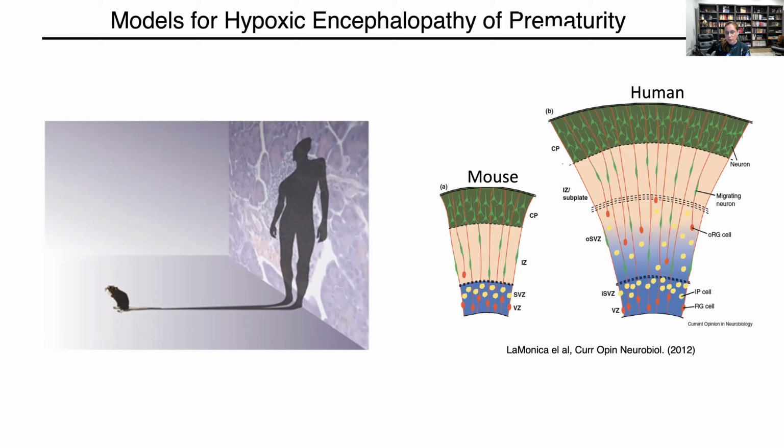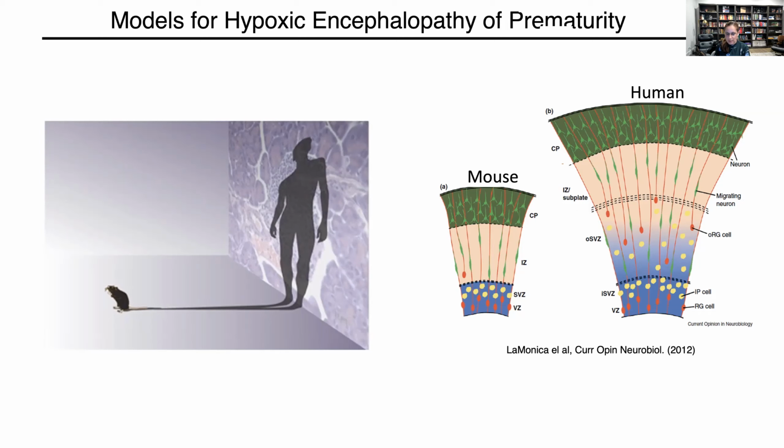However, for the brain, we think we've reached a point where there are clear developmental differences, interspecies differences, but also evolutionary differences in response to environmental risk factors like hypoxia or inflammation. And this is what's leading to the minimal translatability of possible compounds or promising biomarkers from rodent models into human therapies.